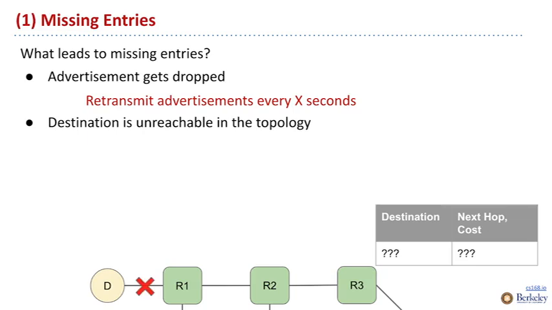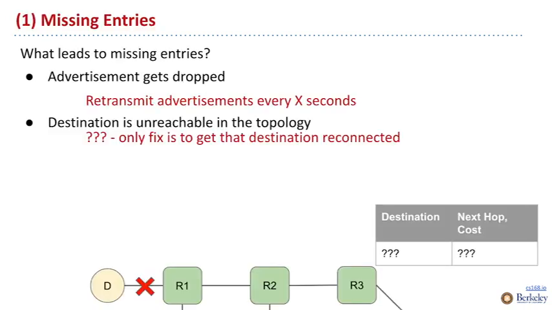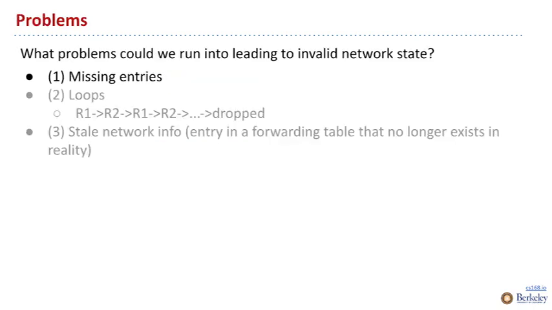We just retransmit every X seconds. However, if the destination is unreachable, there's not really any fix for that. Your only option is to get the network connected again, and so that's not really something we can fix with routing. So cool. This first problem, we have a solution for. We're going to retransmit advertisements.